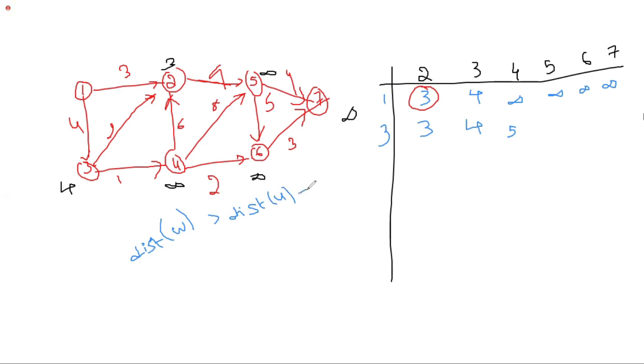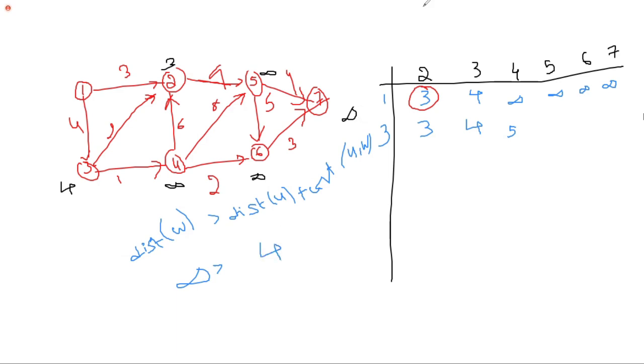From 3, distance of U plus cost of U comma W. What is distance of W? Initially distance of W is infinity. Infinity greater than what is the distance of U? Distance of U is nothing but this third distance, that is 1, 2, 3, which is 4, right? So distance is 4.